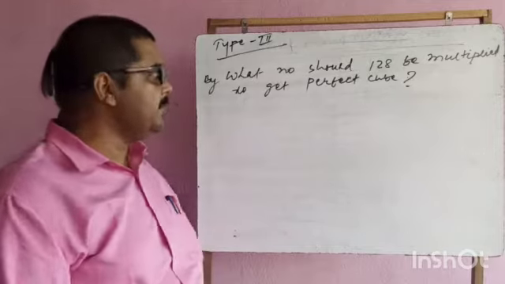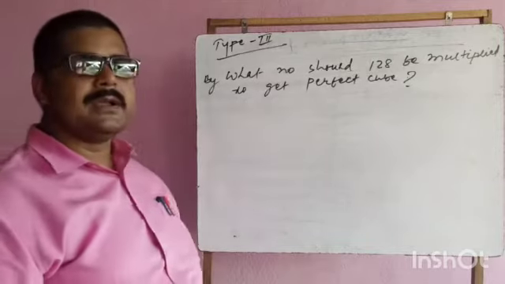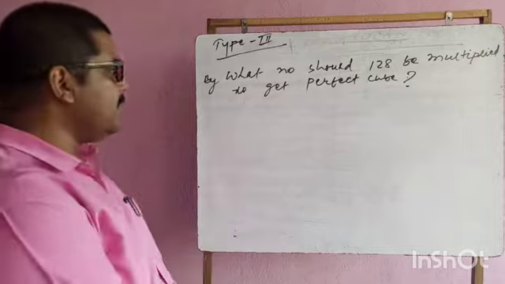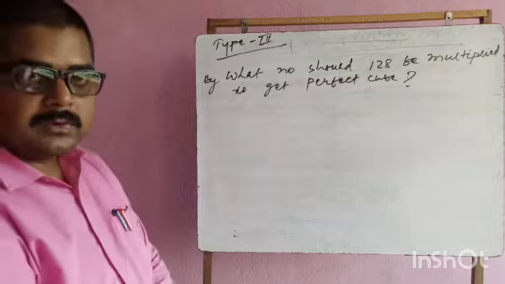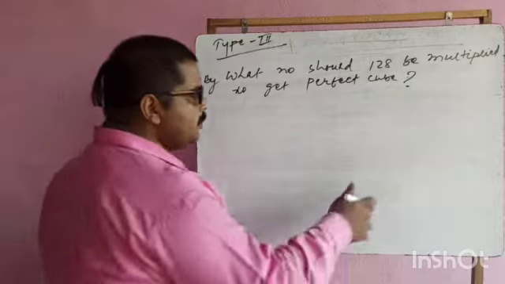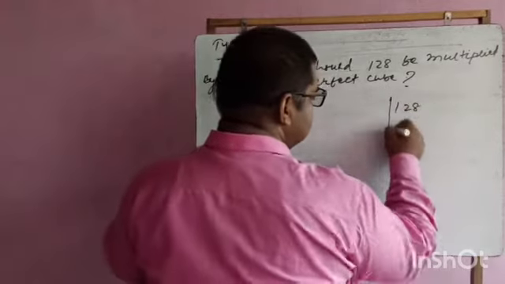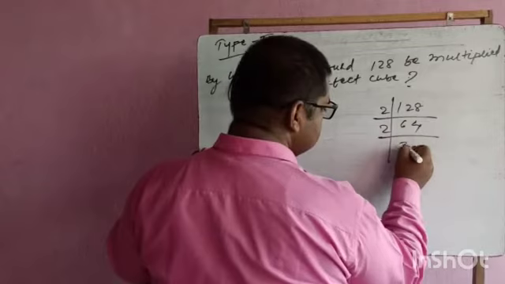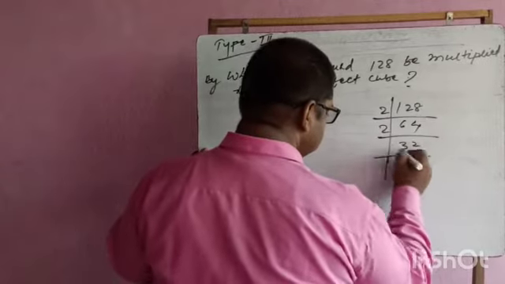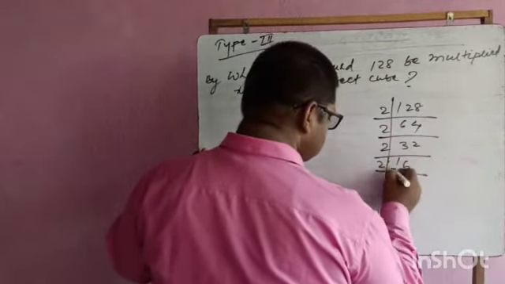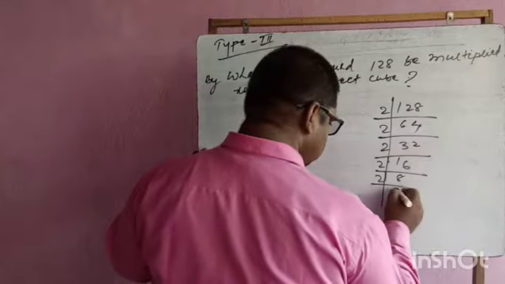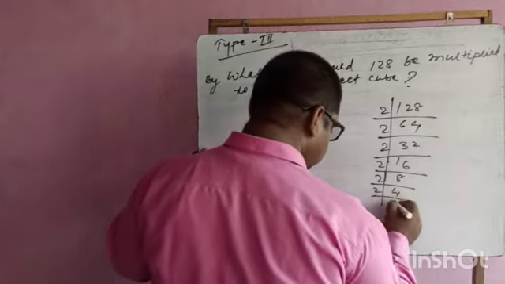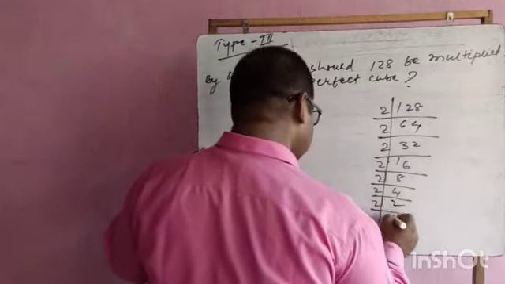Now the question is: by what number should 128 be multiplied to get a perfect cube? My dear students, you do prime factorization to solve such a question.